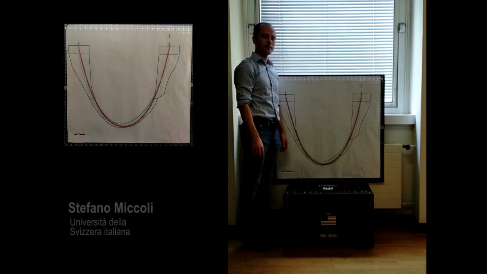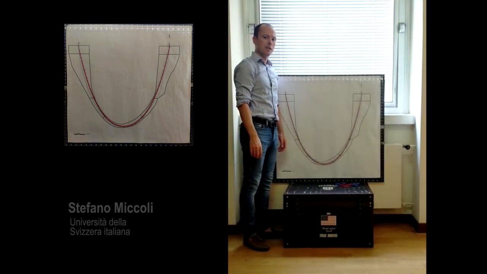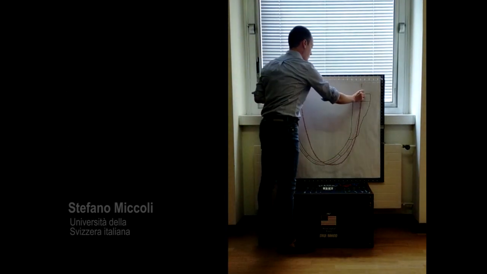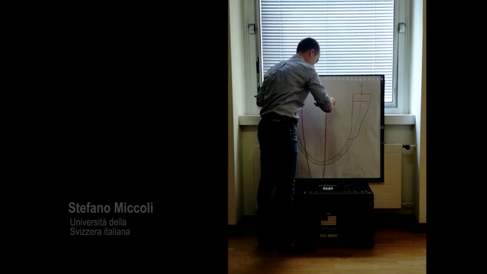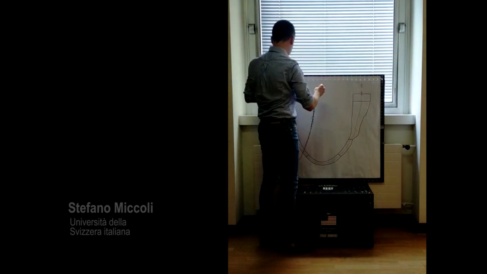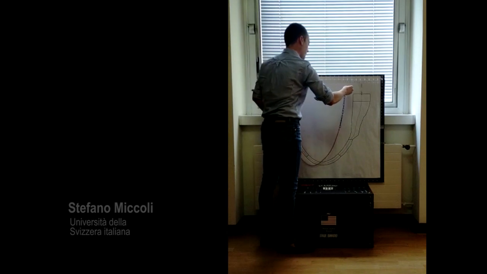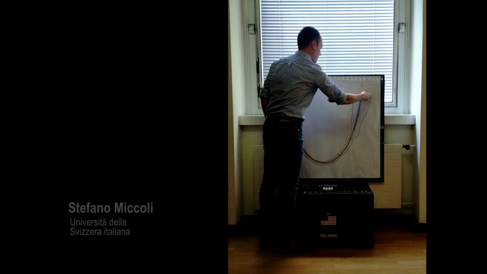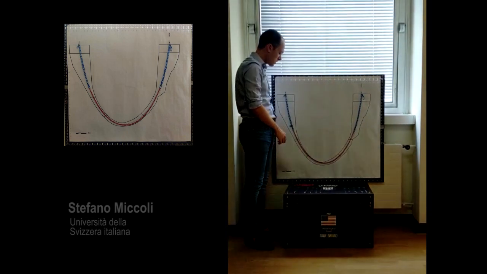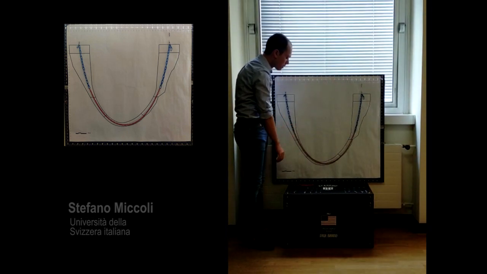Step 2: double chain catenary model. The blue chain models the walls, and the red chain models the arch.